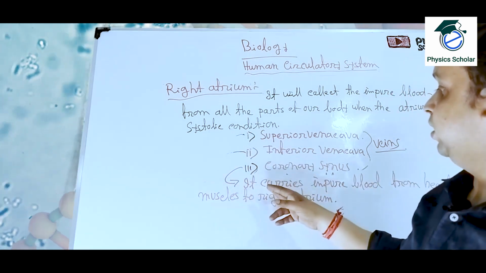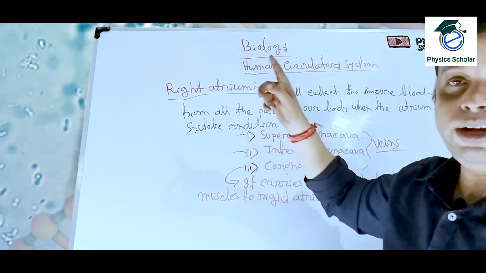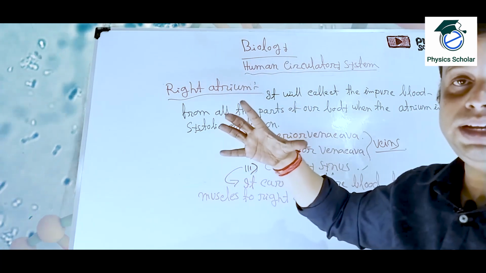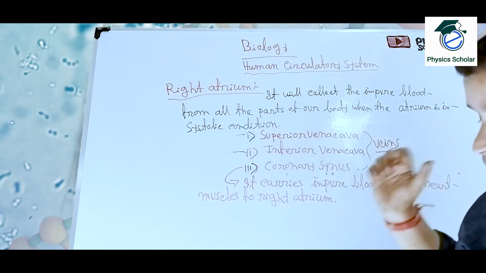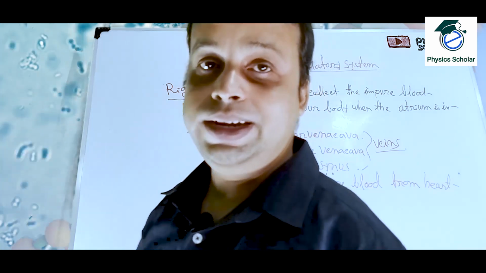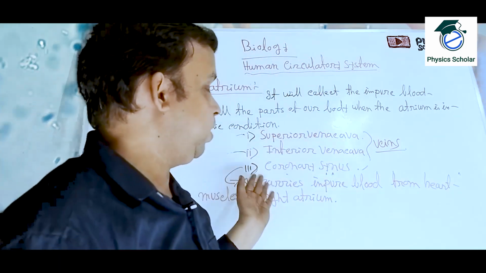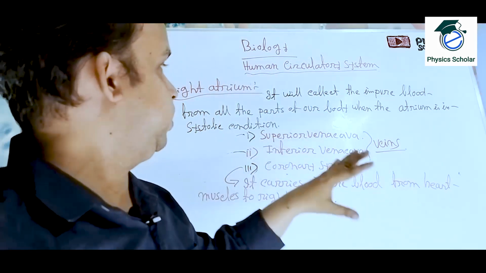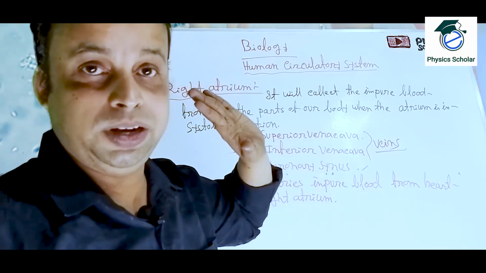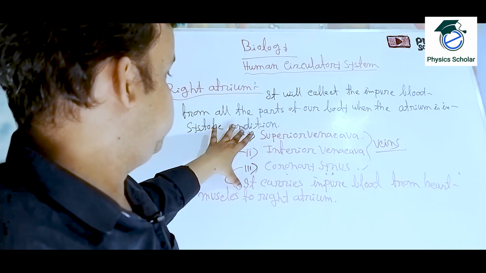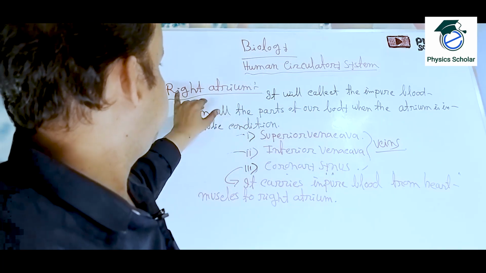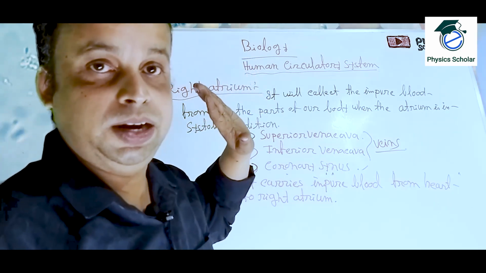Clear? And that will open to the right atrium. That means when the atrium is in diastole condition, then the coronary sinus will carry the impure blood from the heart muscle, and that blood will enter the right atrium. Okay, so these are the three types of veins that are connected with the right atrium. Clear to all of you?